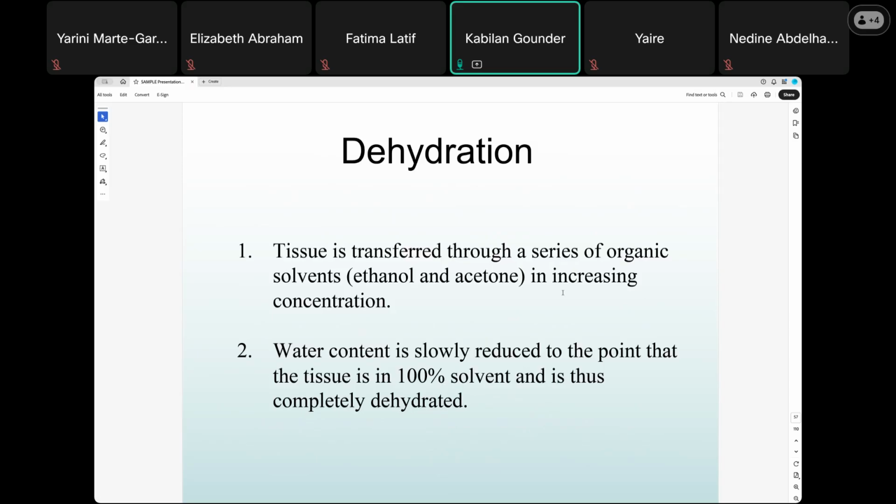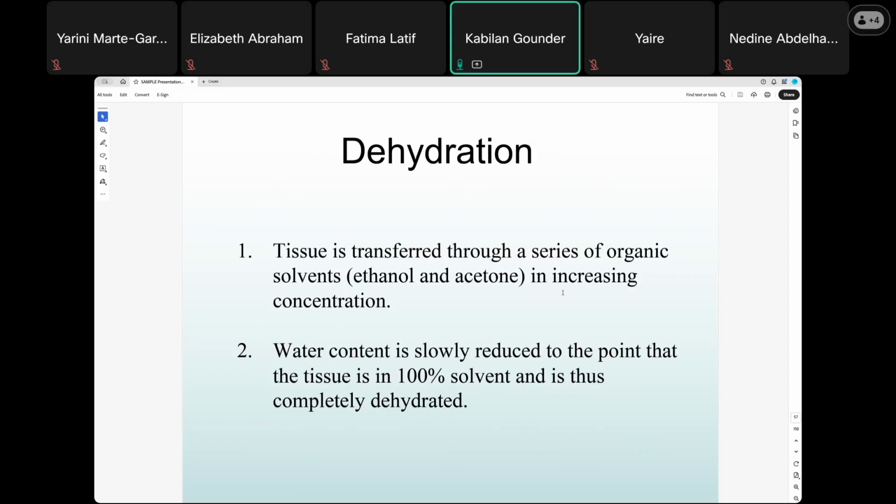Now the first step is fixation. Overall, the process for light microscopy is fixation, dehydration, infiltration, embedding, sectioning, staining, and observation. So totally 7 steps are involved when you process your sample.